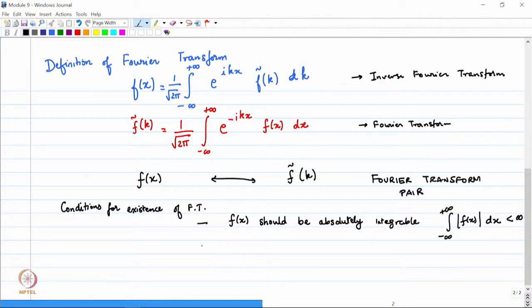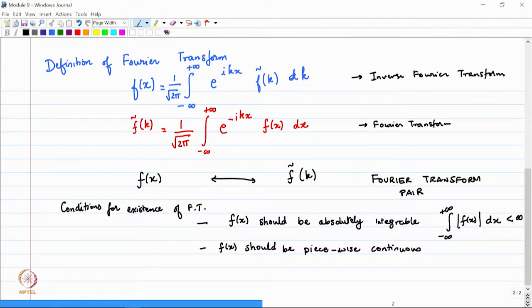That is a condition, and in other words f of x should be piecewise continuous. Okay, this is an important condition. It need not be continuous, it can be discontinuous, but it should be piecewise continuous.